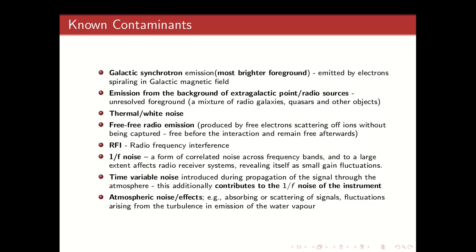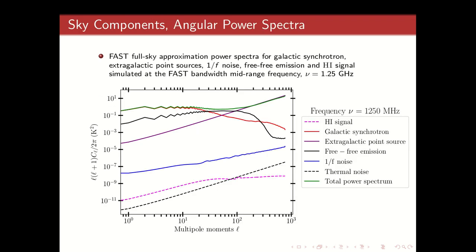We also have emission from the background of extragalactic point sources, thermal noise, free-free emission, 1/f noise, time-variable noise, and atmospheric effects. This is a simulation of various sky components in terms of power spectra, just to show their magnitude.